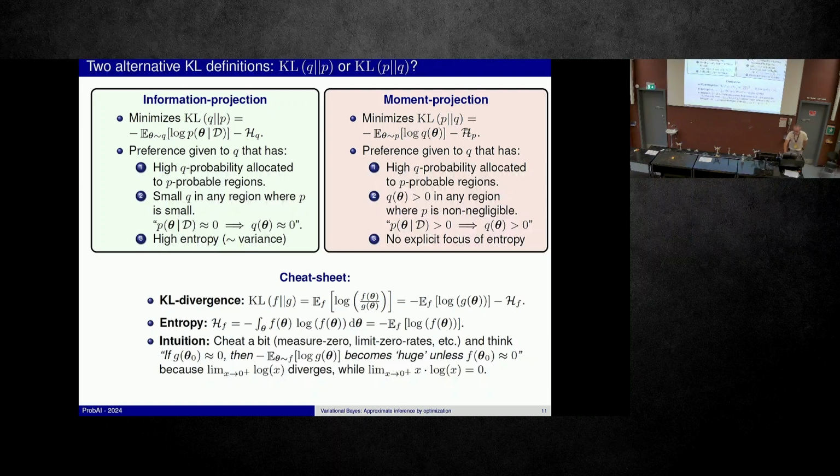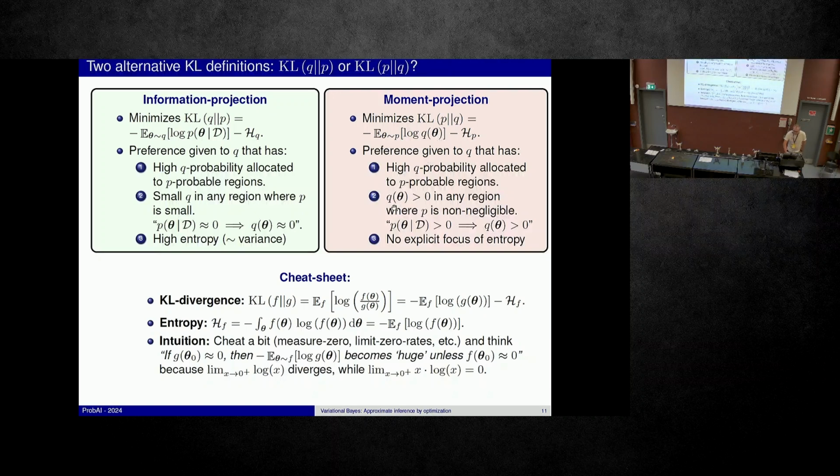If we swap this around and go from P to Q instead, we get this representation here. Again, we would like to have high Q probability in the areas where we have high P probability. This is because then the expectation here will focus on the areas where P is high, and that's when we want this one to be high too.